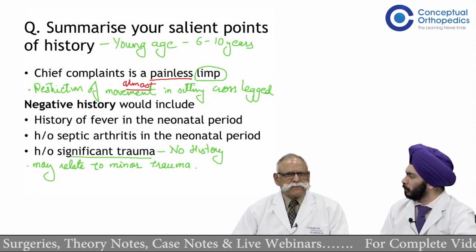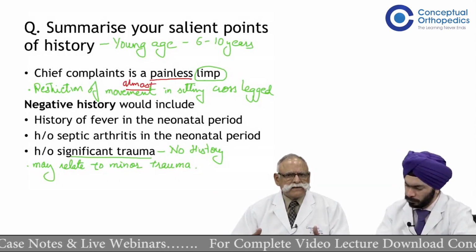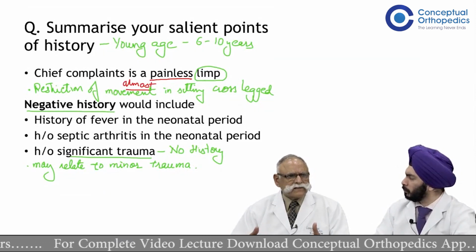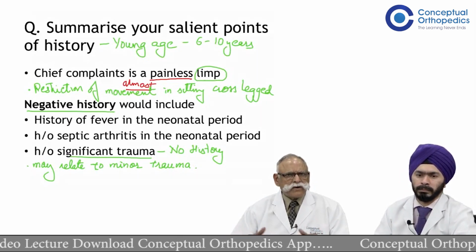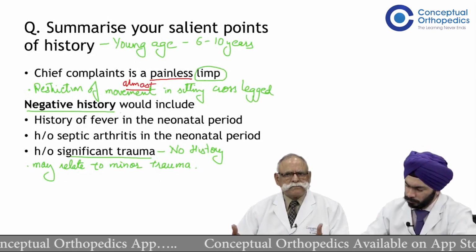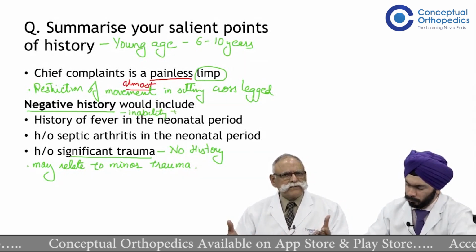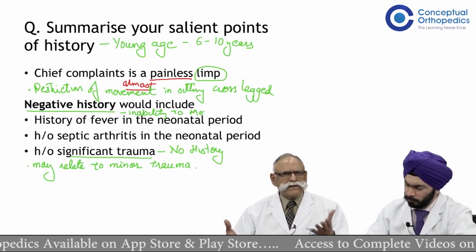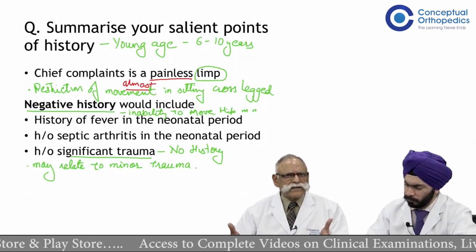At the same time, you have to know about any negative history, which you need to ask. Ask whether the child had any prolonged fever or inability to move his hip during the neonatal period. Because in the neonatal period, there may not be fever at all, and the patient may have just inability to move the hip joint or a swelling around the hip joint.